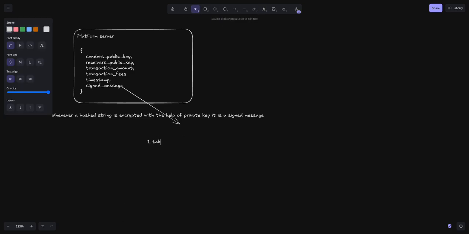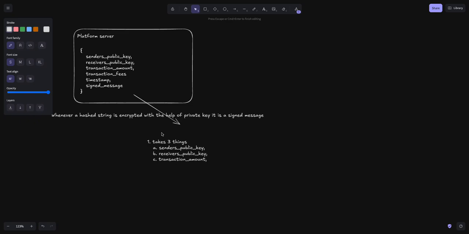First, the platform server takes three things. It has all the necessary objects, all the data available. It takes these three data: the sender's public bank account, public key, the receiver's bank account, public key, and the transaction amount.